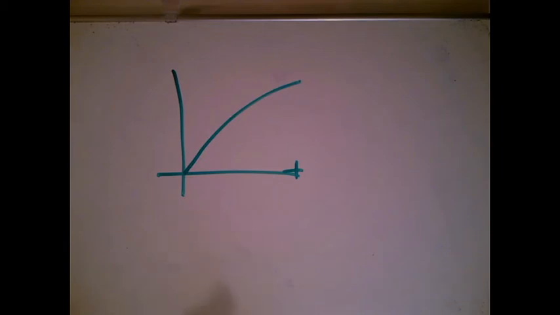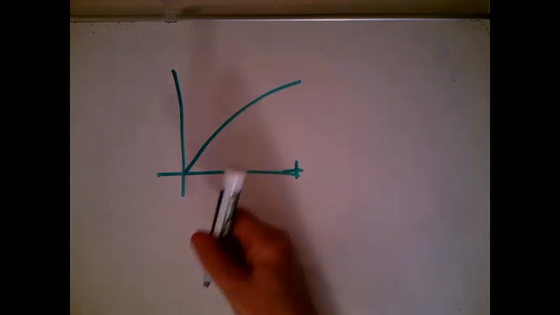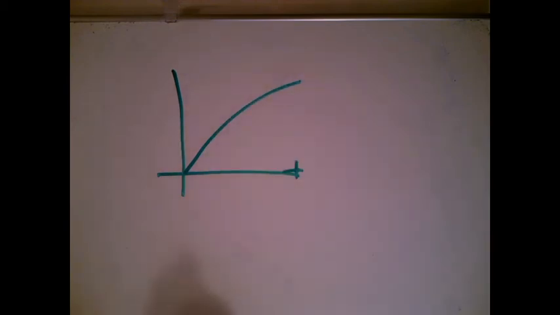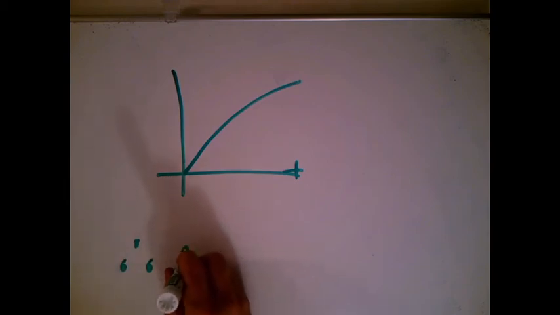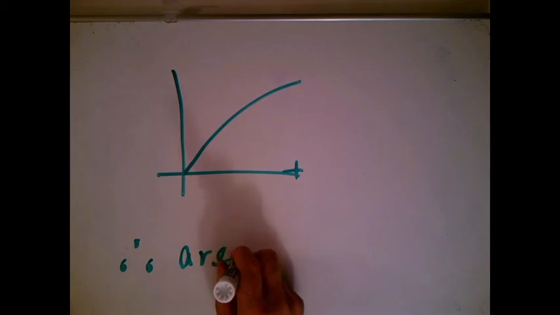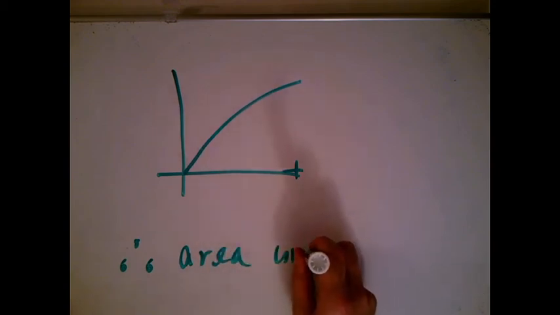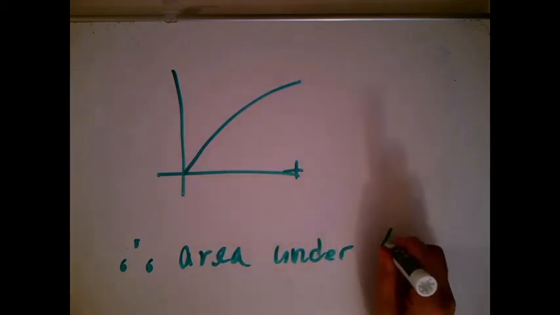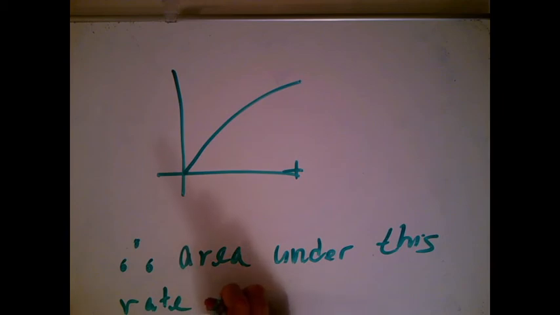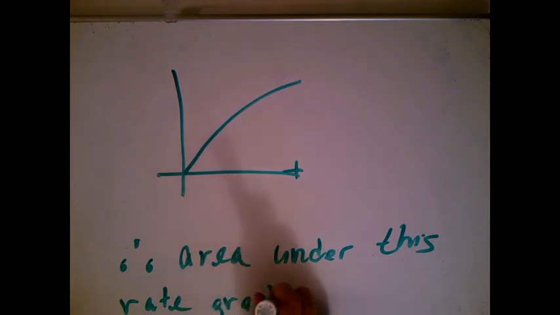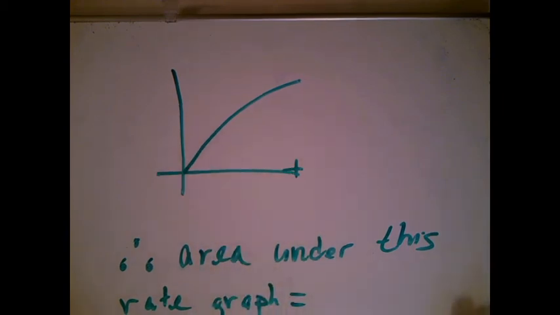The left sum estimated the distance traveled the same way it estimated the area under the rate graph, and we're going to get the exact same conclusion, that the area under this rate graph, the one you guys did, was equal to the distance traveled.